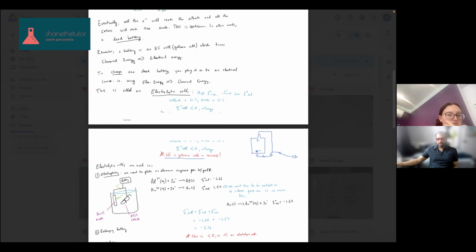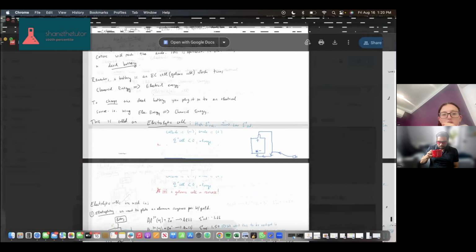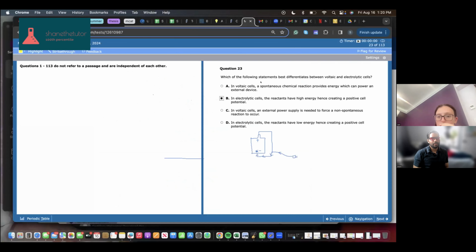Okay. That's what I wrote. Right? Because positive cell potential would be a positive delta G, non-spontaneous. Voltaic is spontaneous, so C is wrong.